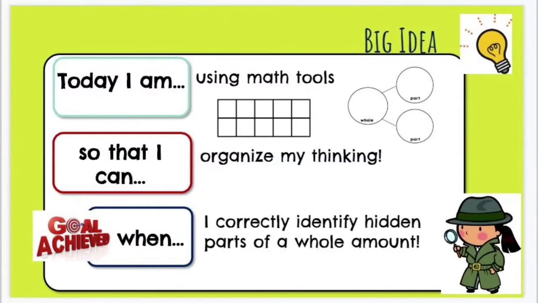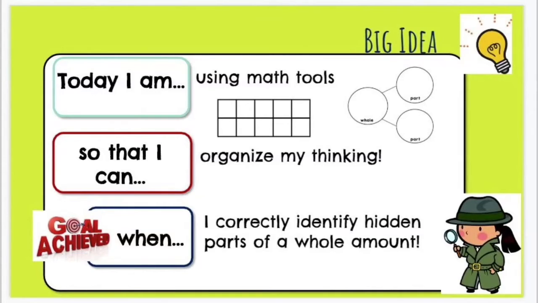Okay, friends, let's talk about our goal today. Now that we have warmed up all of our important mathematician vocabulary, we're ready to talk about what our big idea is for today. Today we are using math tools like that 10 frame and number bond so that we can organize our thinking. Last math lesson we were number detectives.